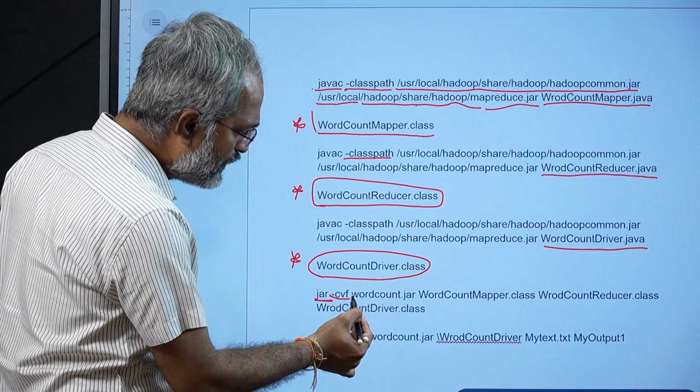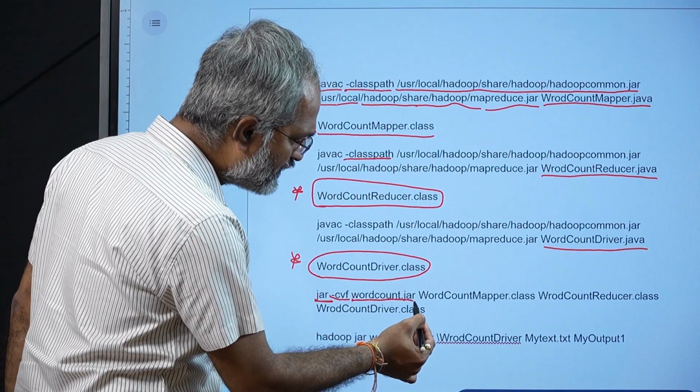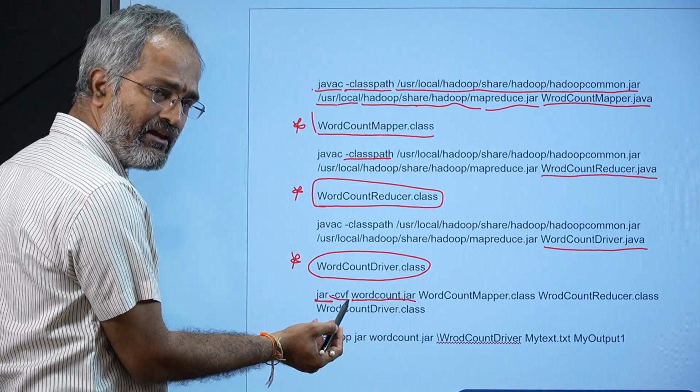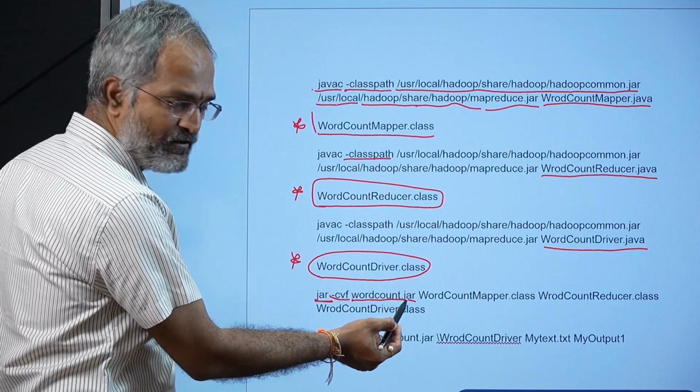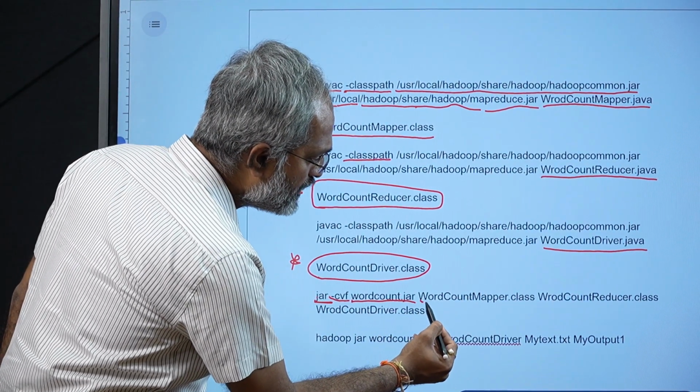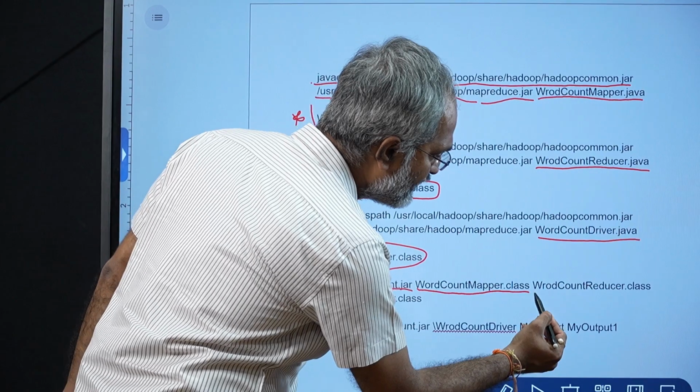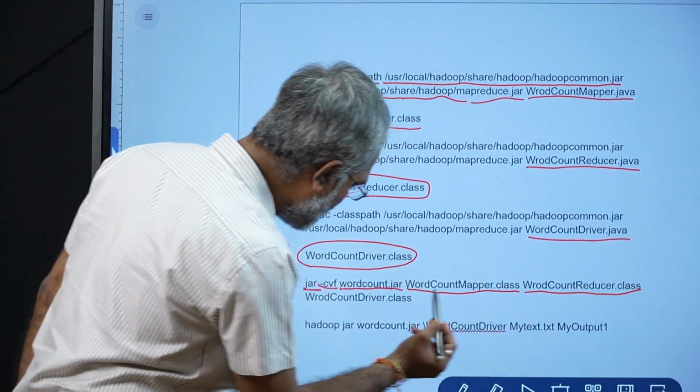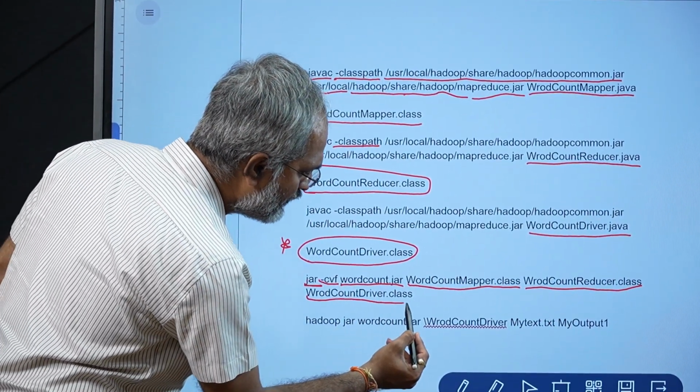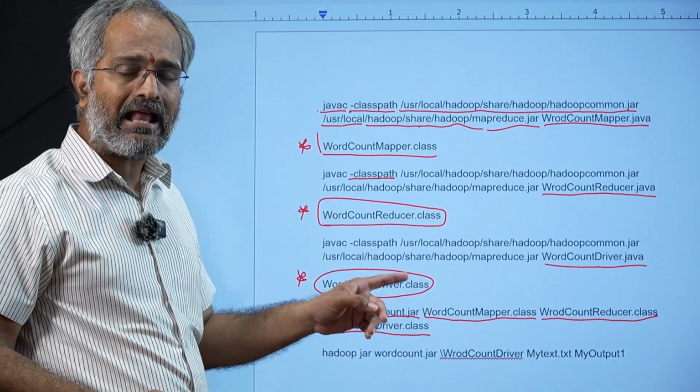Then you have to provide the jar file name, whichever jar file you want to create. I am giving wordcount.jar, and then WordCountMapper.class, WordCountReducer.class, and WordCountDriver.class.